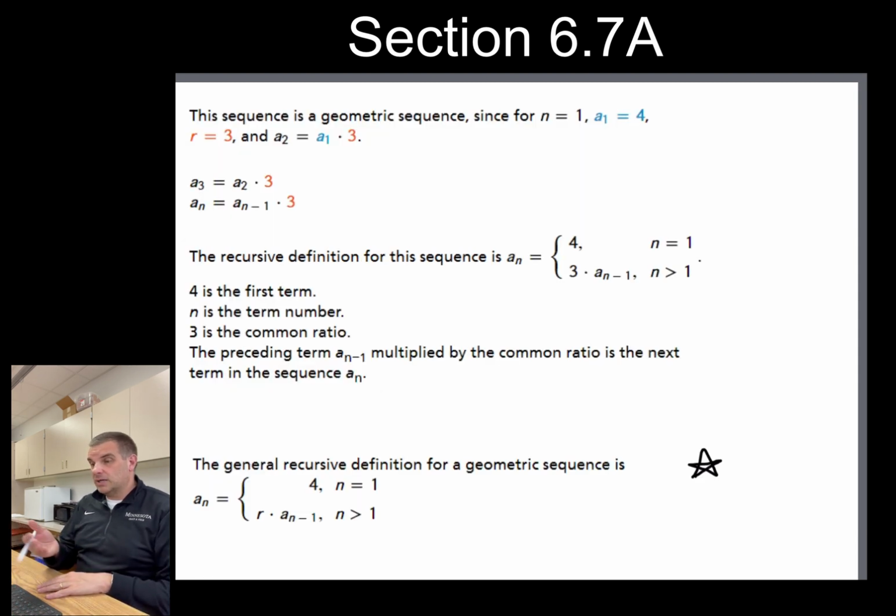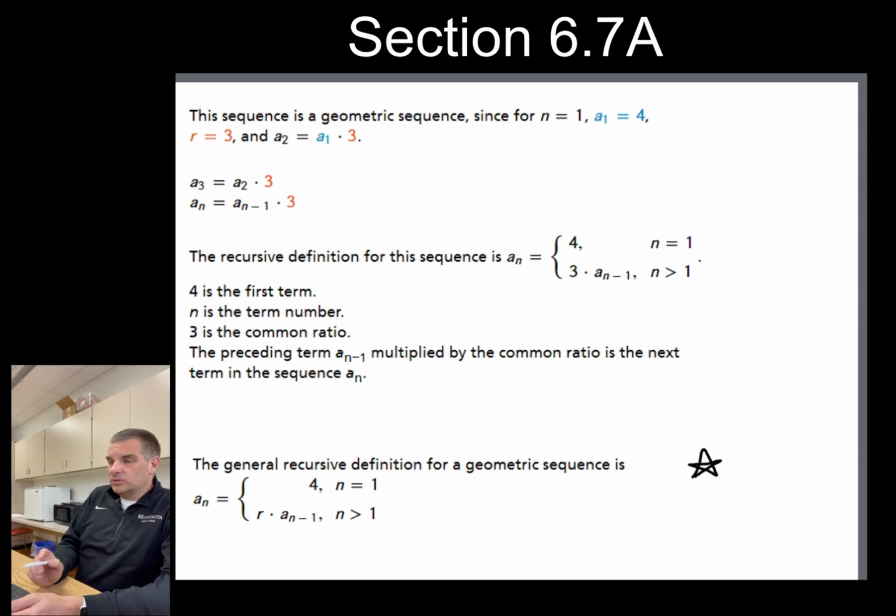So this sequence is a geometric sequence, since for n equals 1, a of 1 is 4, which makes my r value 3, and r is that ratio. It had the ratio of 3, and a2 is equal to a1 times 3, and a3 is equal to a2 times 3.